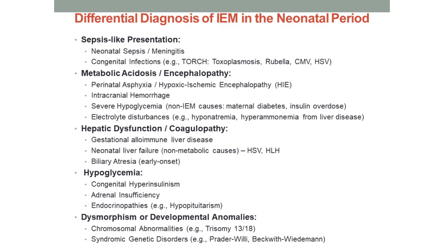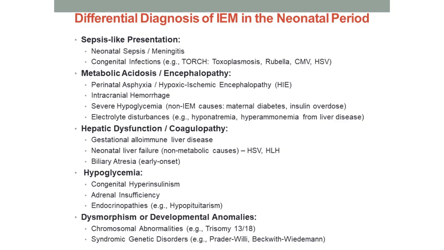So, what are the differential diagnoses of IEM in the neonatal period? It can be a sepsis-like presentation, neonatal sepsis or meningitis, or congenital infections of TORCH. Metabolic acidosis or encephalopathy can be the other differential, due to birth asphyxia, HIE, intracranial hemorrhage, severe hypoglycemia due to non-IEM causes like maternal diabetes or insulin overdose, and electrolyte imbalance.